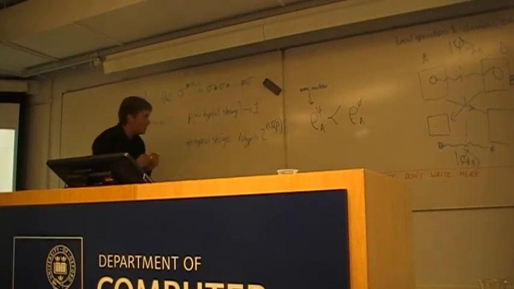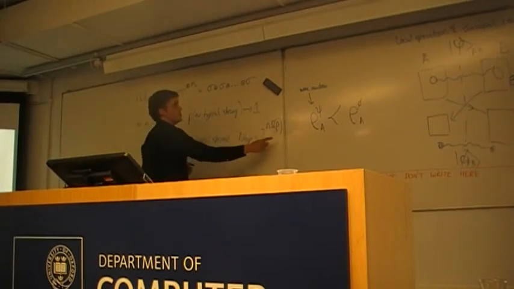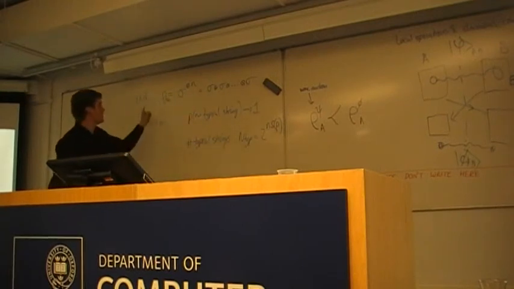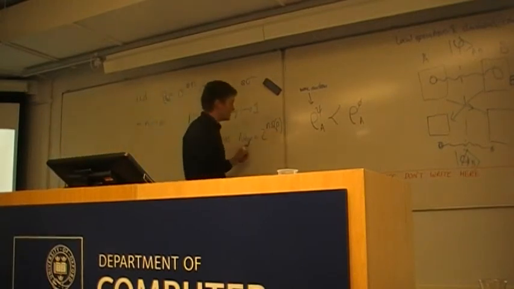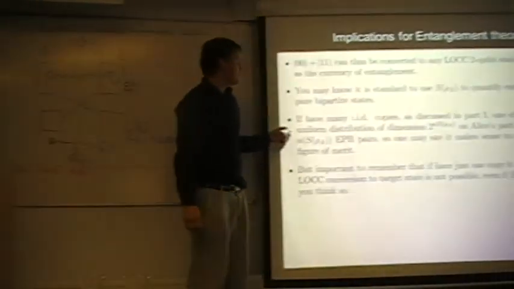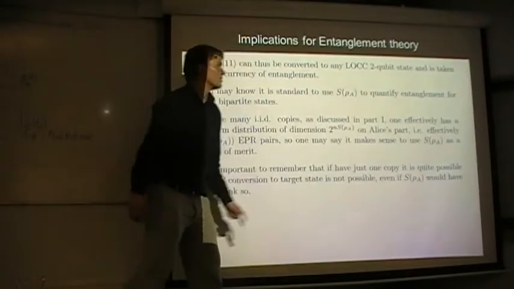So effectively we have a uniform distribution on this many states if you have a large n state like this. So that's just what I'm saying here, that you effectively have a uniform distribution of this dimension on Alice's part.